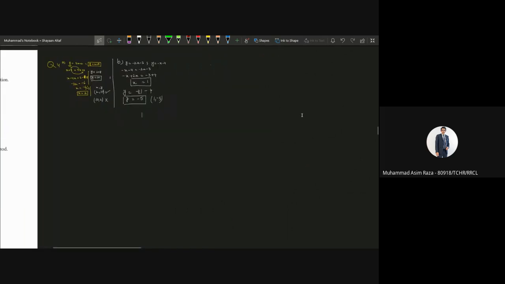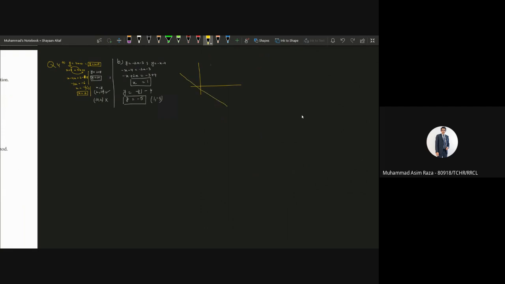For example, let's say this is a graph, then the first equation y is equal to -2x minus 3 is like this one.